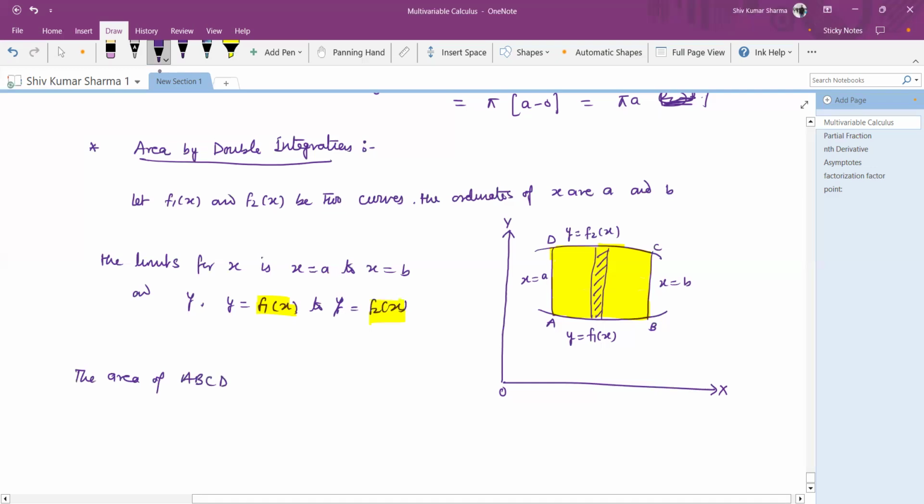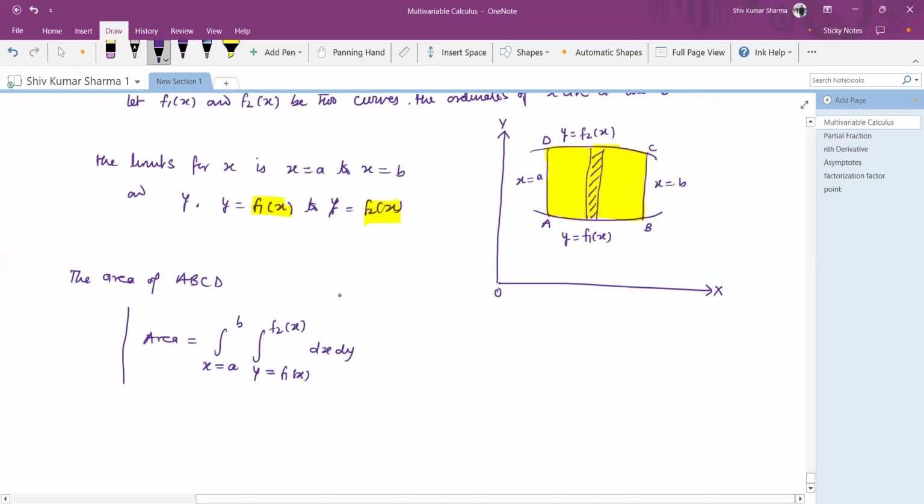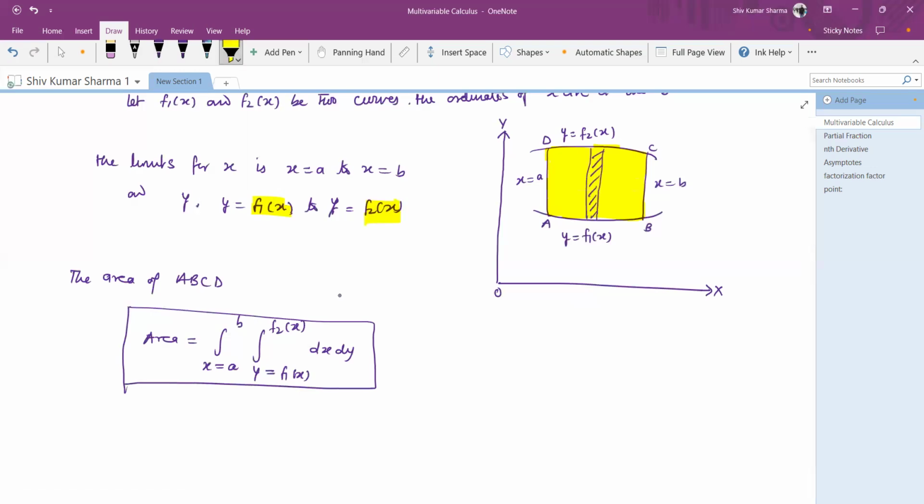So the area of this is equal to the double integration: integrate over x equal to a to x equal to b, and y equal to f1(x) to y equal to f2(x), of dx dy. We remember this formula when we are going to evaluate the area. So the area is first the constant ordinates, and second the variable limits.